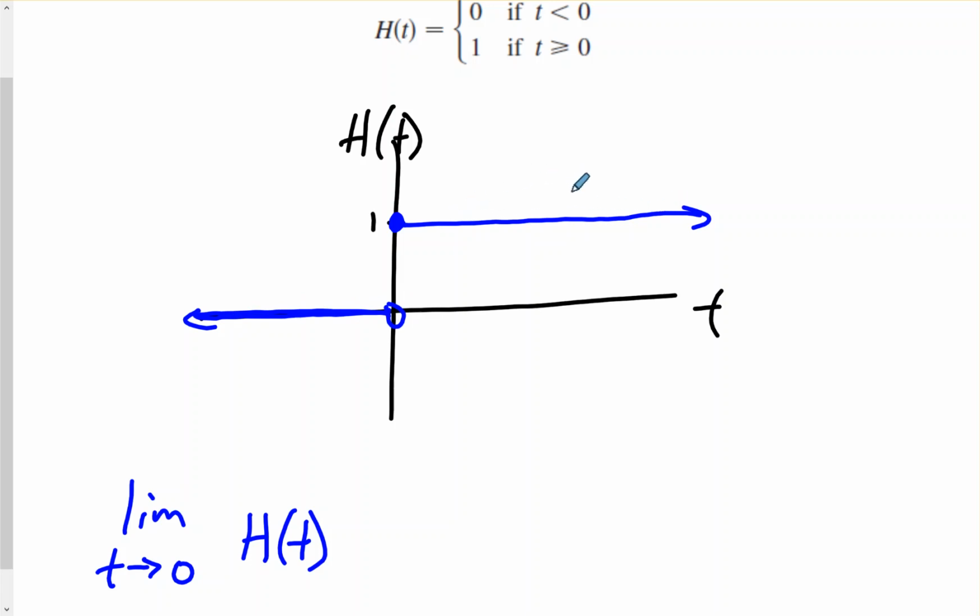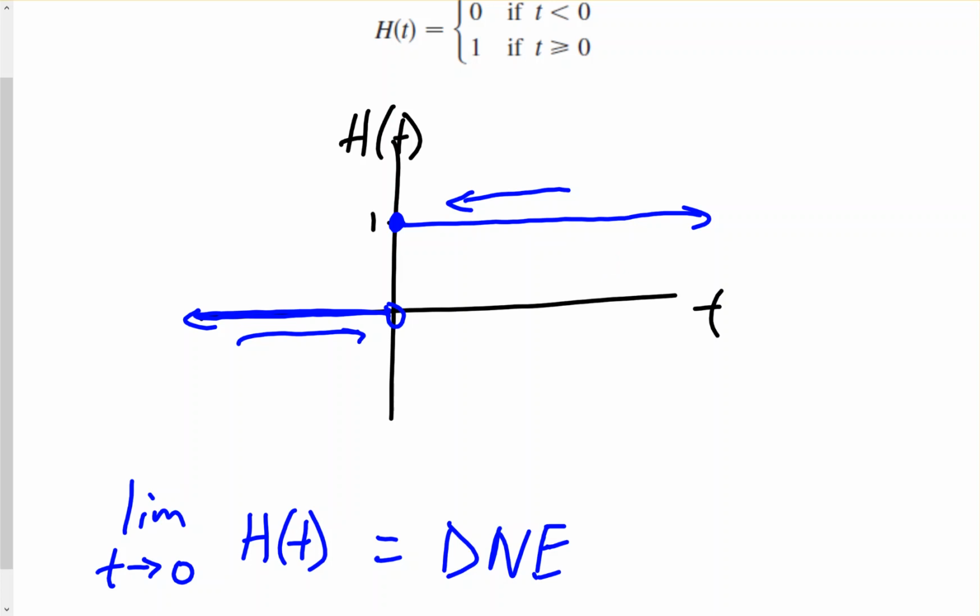From the right, it's approaching 1. So they're approaching two different values. Because there's no agreement, this will be a does not exist. That's one of the lessons to take out of this. For a limit to exist, the function must approach the same value from the left and the right. It has to approach the same value from both sides.